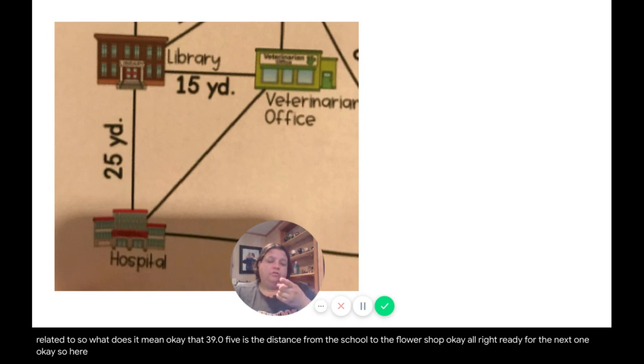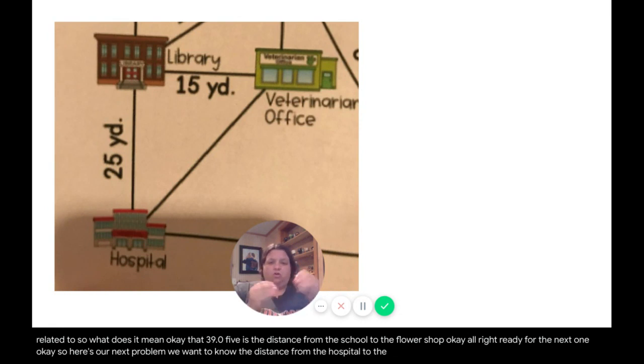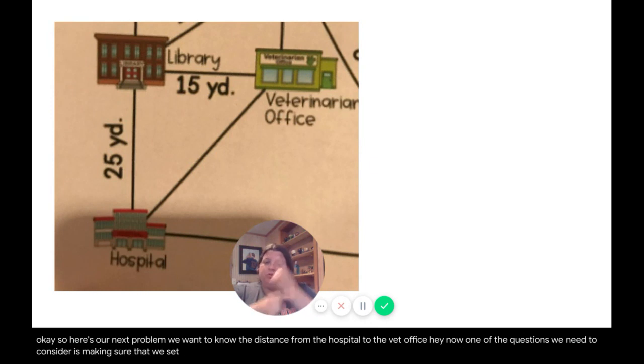So here's our next problem. We want to know the distance from the hospital to the vet office. Now, one of the questions we need to consider is making sure that we set it up correctly.